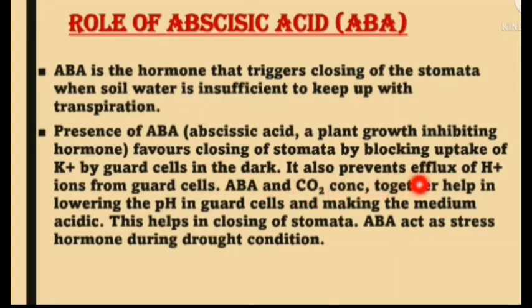It also prevents efflux of hydrogen ions from guard cells. Abscisic acid and CO2 concentration together help in lowering the pH in guard cells and making the medium acidic. This helps in closing of stomata. Abscisic acid acts as a stress hormone during drought conditions.